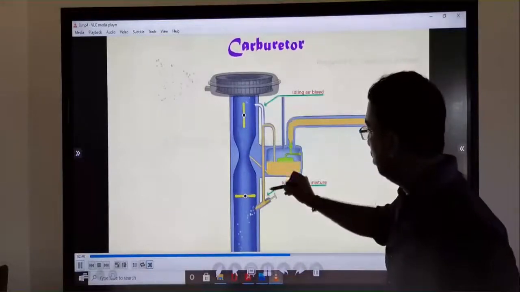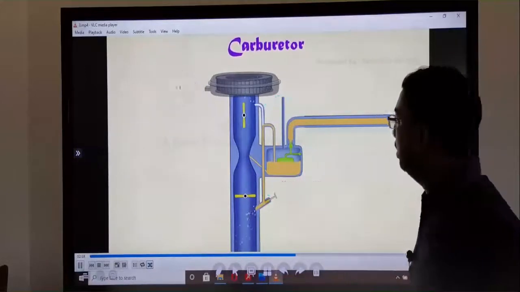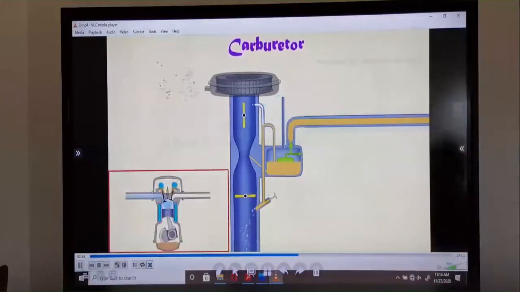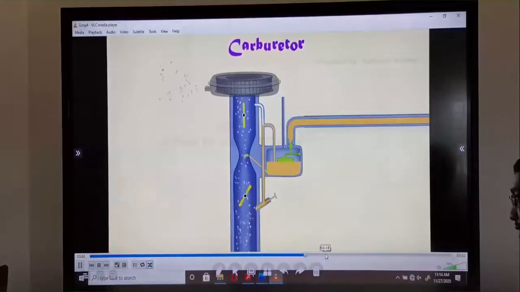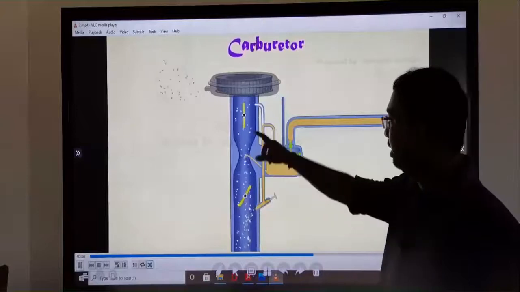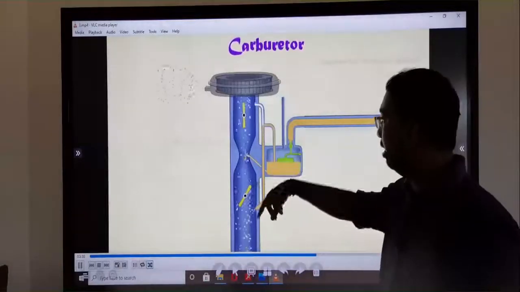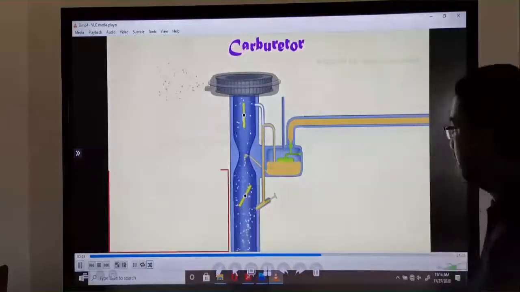When the air comes through like this, this is the ideal air-fuel mixture. So now the running condition, both lines are working, this main line and that bypass line.